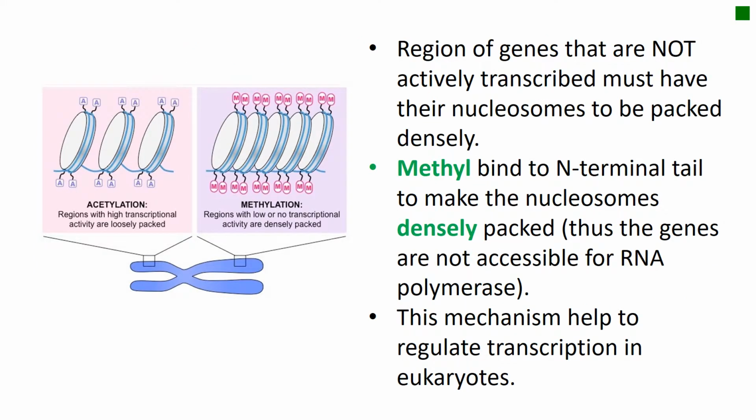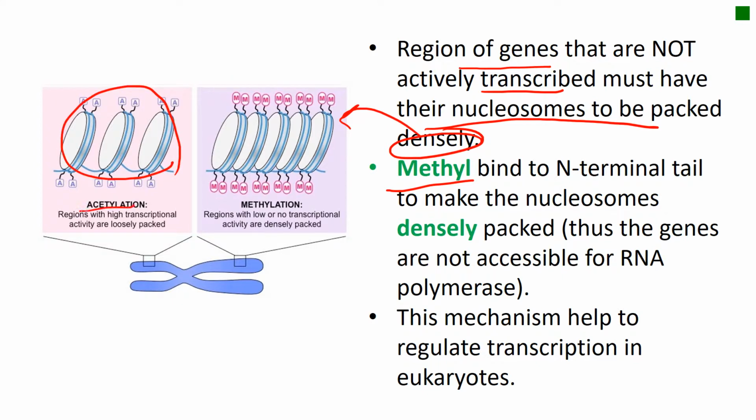But not all genes have to be transcribed at the same time. Now, for the genes that are not actively transcribed, their nucleosomes must be packed densely, like this one. Who will do that? It's methyl. Remember, for loosely packed, we need acetyl.